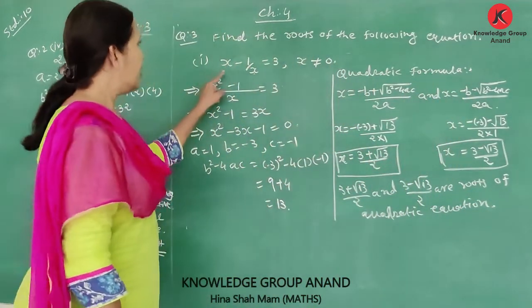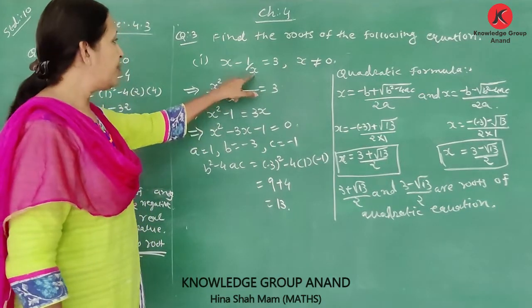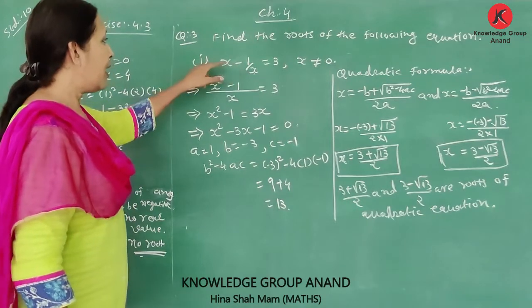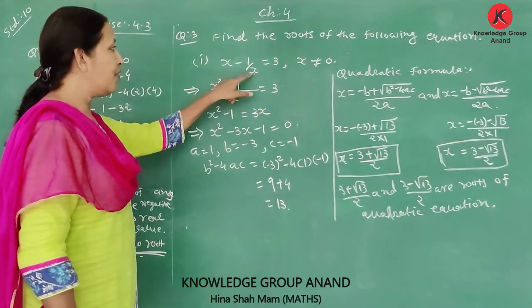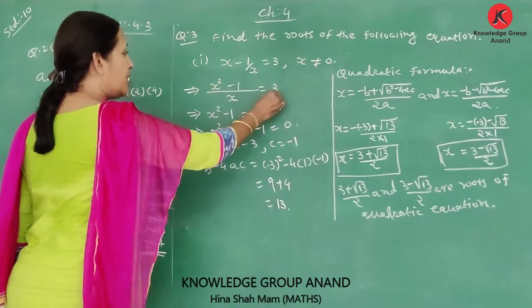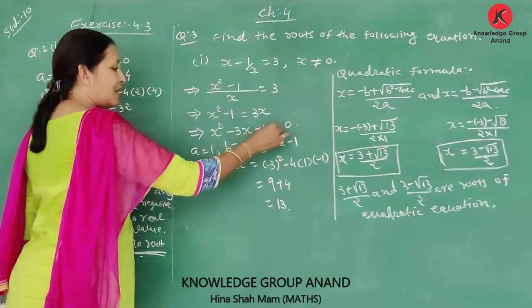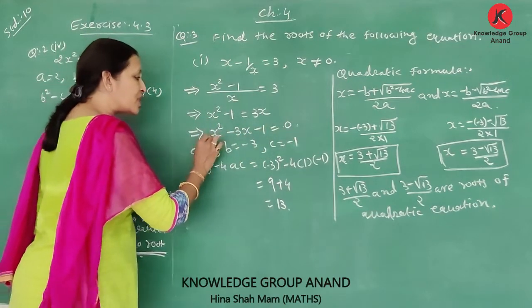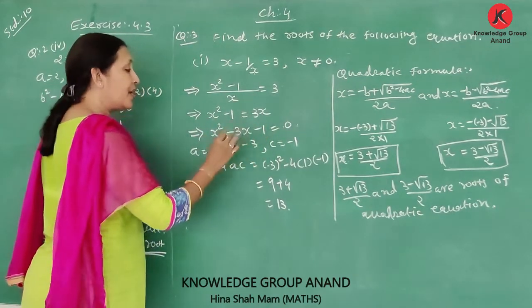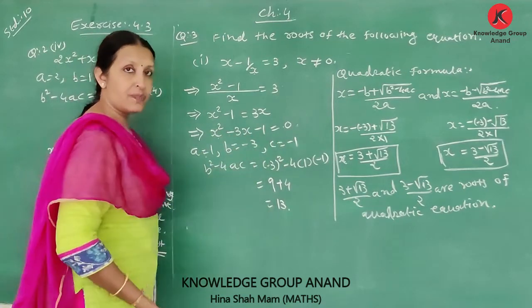Again, the equation is this. First we simplify the equation, multiplying by x, and then taking the LCM. x square minus 1 is equals to 3x, so x square minus 3x minus 1 is equals to 0, which is our quadratic equation. Here putting the values of a, b and c, find b square minus 4ac.